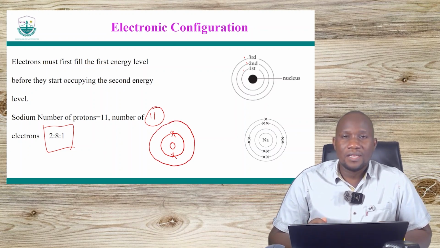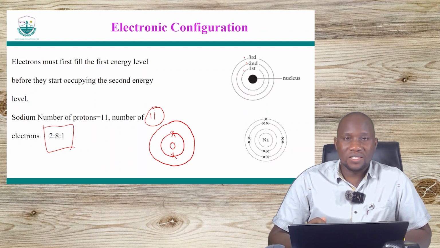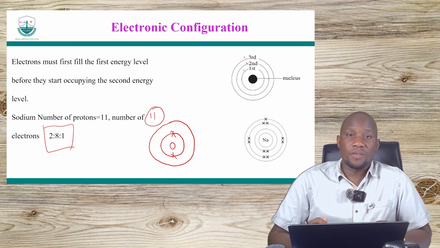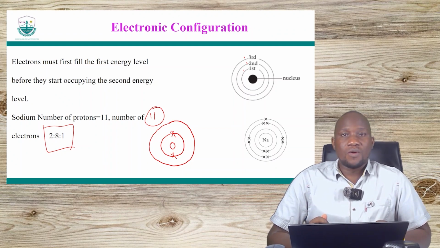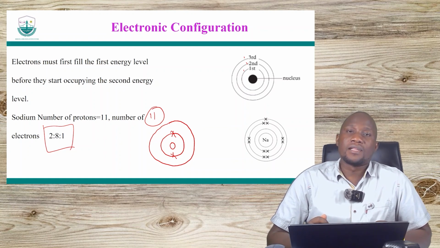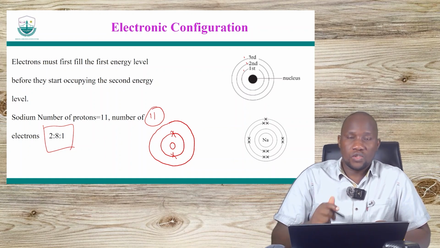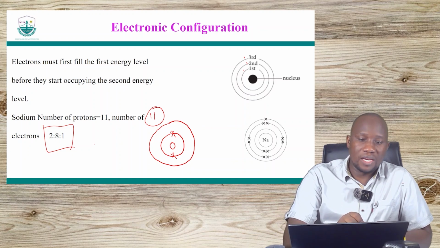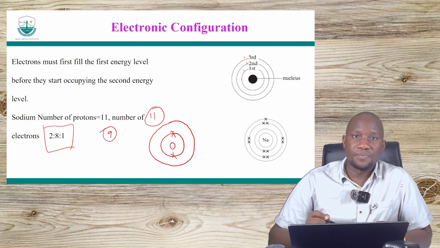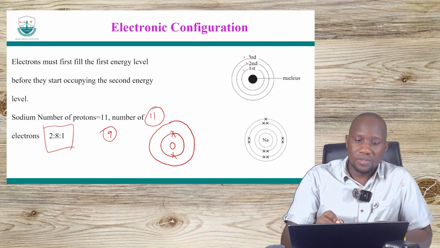The second shell must have a maximum of 8. That's another rule: the second and the third shell cannot have more than 8 electrons. So 2 already in, meaning we are left with 9. So we put the maximum, which is 8, here.